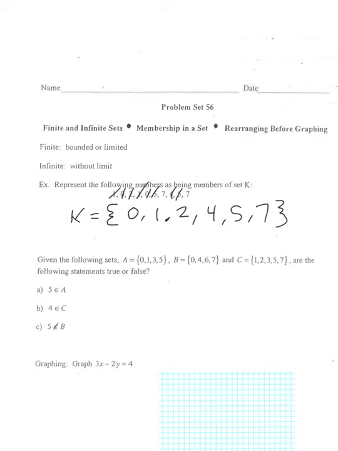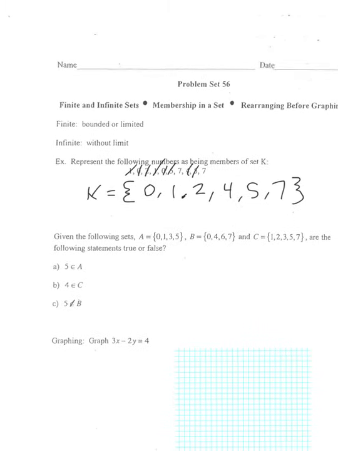Now, below we have some sets here written just kind of as what we just did. We have A is equal to 0, 1, 3, 5, B 0, 4, 6, 7, and C 1, 2, 3, 5, 7. And so what we're going to do now is that we're going to answer these questions A through C. And what's interesting is that you have this little sign here, and you can really read this as is a member of a set.